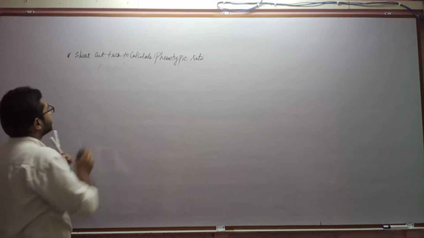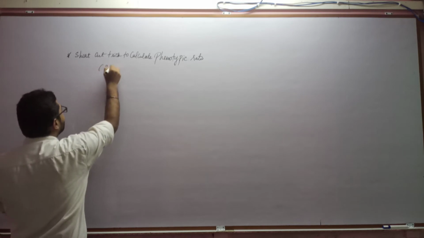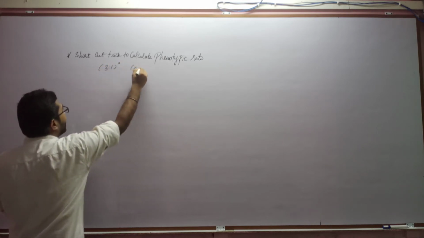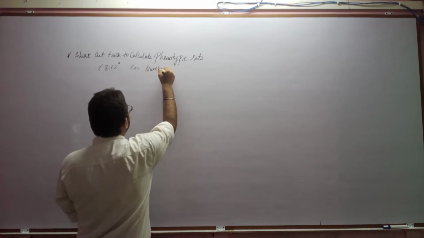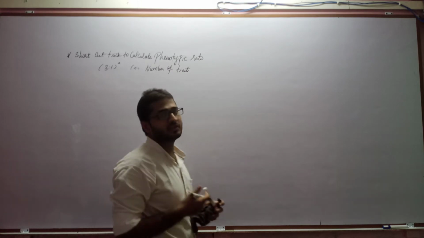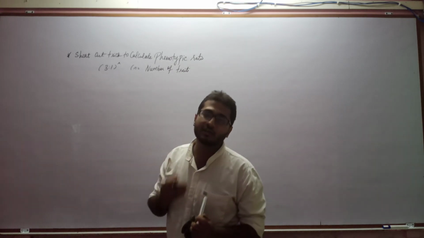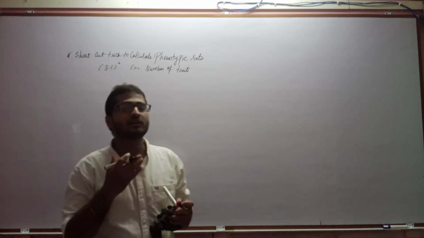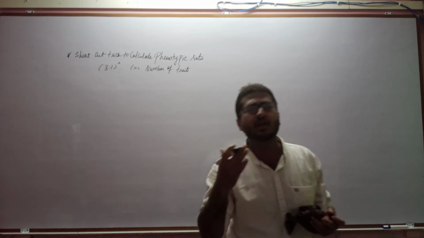Now what is this n? N means the number of characters. So 3:1 raised to n, where n is the number of traits, and we know traits means the characters. For example, color of the seed, height of the plant (tall, dwarf), color of the seed like yellow or green, shape of the seed, round or wrinkled.